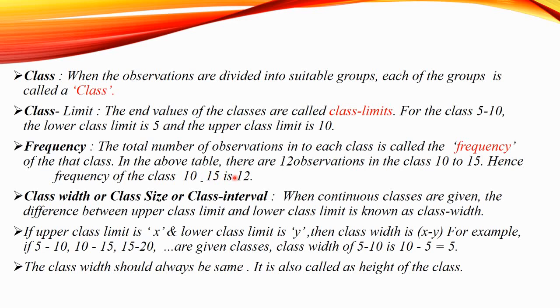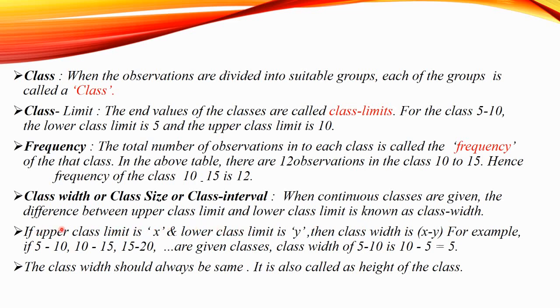Therefore, the frequency is 12 in the class 10 to 15. Class width or class size or class interval: when continuous classes are given, the difference between the upper class limit and the lower class limit is known as class width. It is also known as the height of the class.